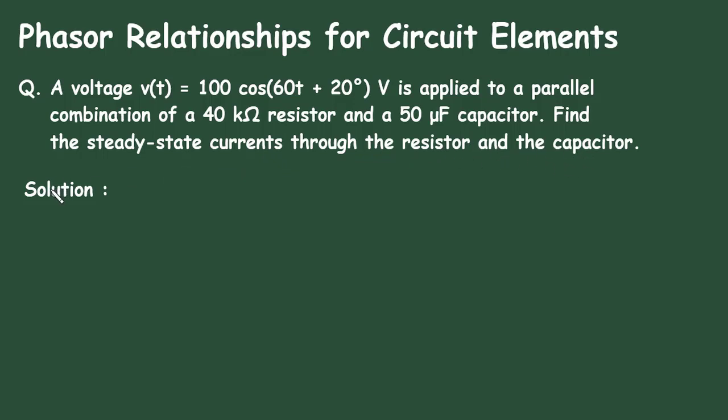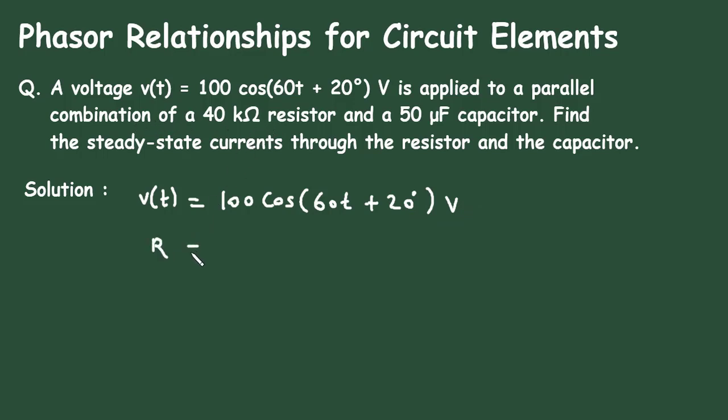Solution: first of all, we will write what is given. So the voltage is given, v(t) = 100 cos(60t + 20°) volt. Then the value of resistance is given.